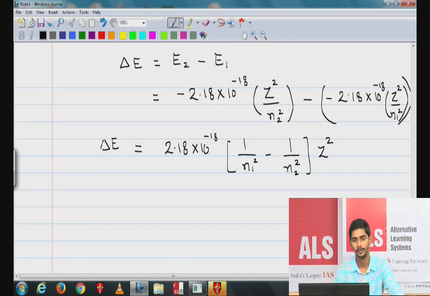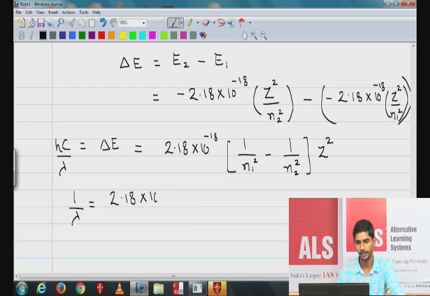Now, in Planck's quantum theory, you have learned that this delta E can be written as hc upon lambda. Okay? H is Planck's constant, which is a fixed value. C is the speed of light. Now, if I solve it for lambda, 1 by lambda should be equal to 2.18 into 10 to the power minus 18, 1 upon N1 square minus 1 upon N2 square into Z square upon HC.